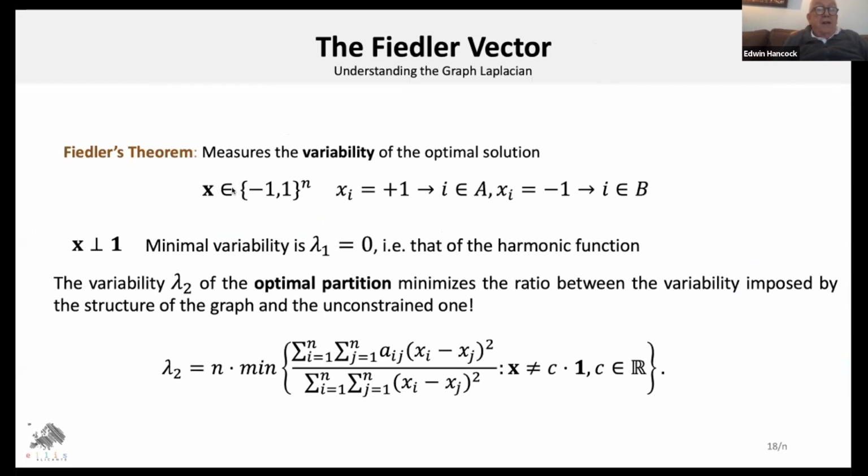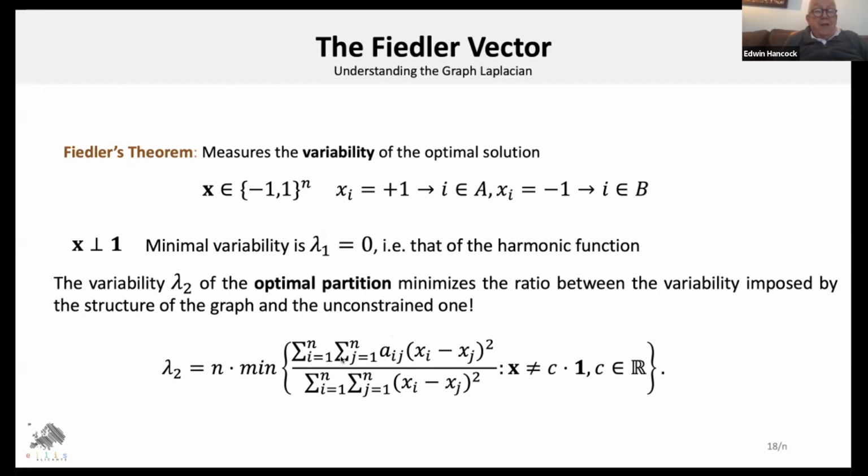So here we take a vector whose elements are -1s and 1s. And what we want to do is to try to define the variability associated with the elements of this vector defined by the minimum cut on the graph. And what Fiedler's theorem says is that the variability associated with the second eigenvalue of the Laplacian matrix minimizes the ratio between the variability imposed by the structure of the graph and the unconstrained case.